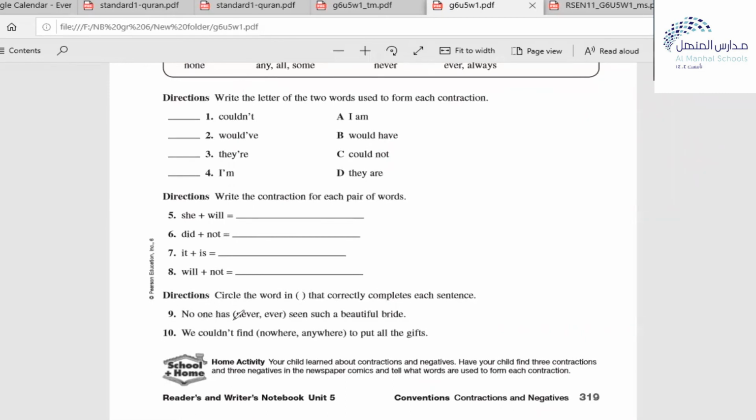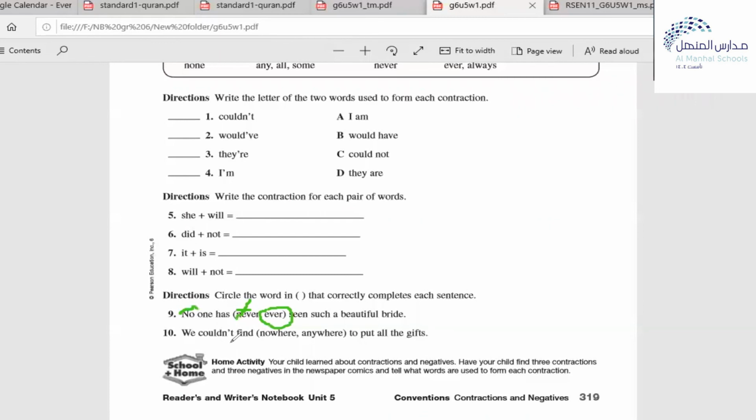No one has... there's a negative here, so this negative cannot go with another negative. They would be using a double negative if you go with that. So this one cannot go like that. So you say no one has ever seen such a beautiful bride. Ever is supposed to be the correct answer.